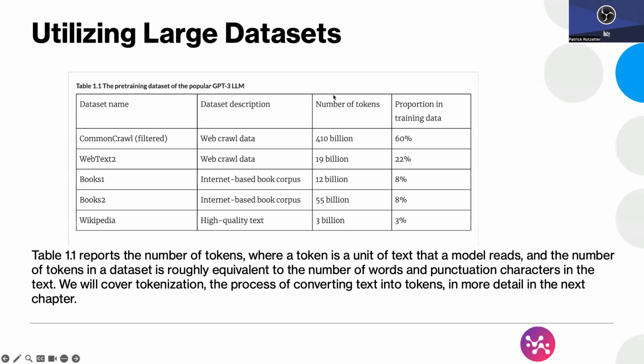By the way, GPT-3 has not been trained on the whole data set, but on a sample of 300 billion tokens. If you add up 410 plus all the rest, you get 500 and something, but in fact GPT-3 has been trained only on a subset of the whole data set.